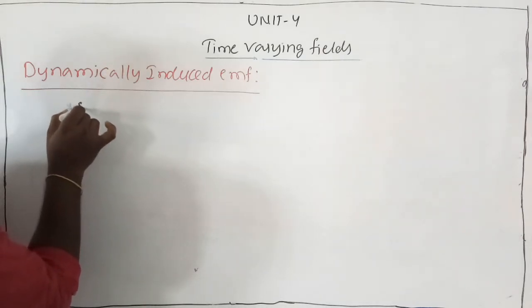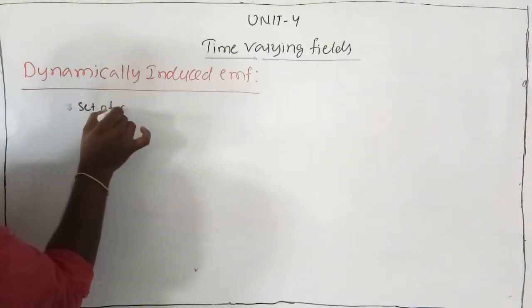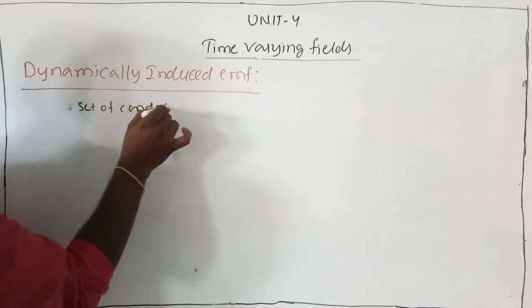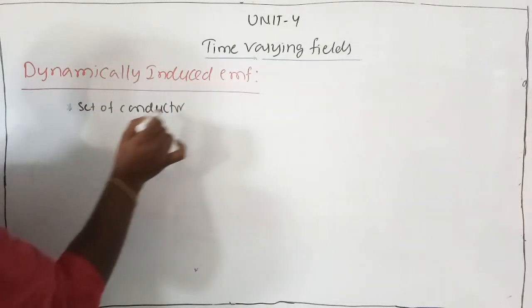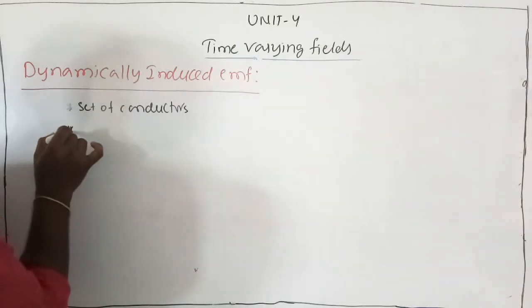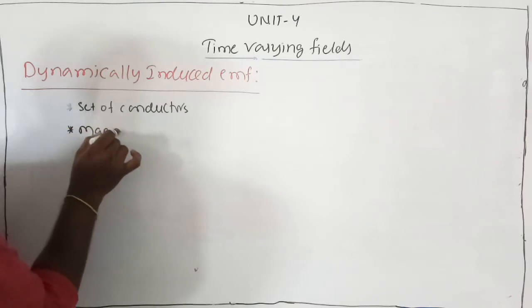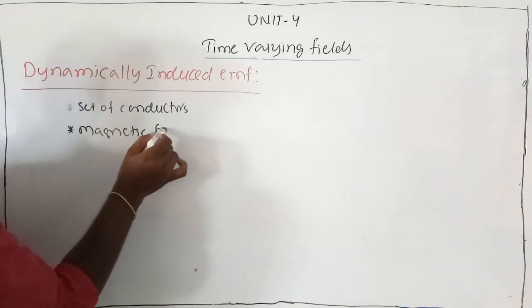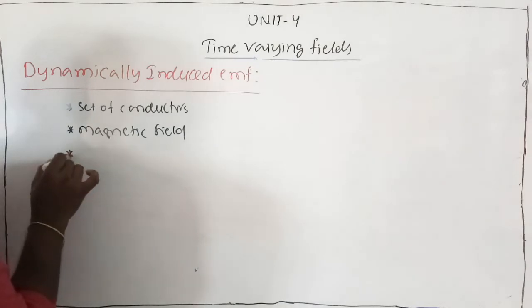That is, the set of conductors or conductor; next, magnetic field; and relative motion.